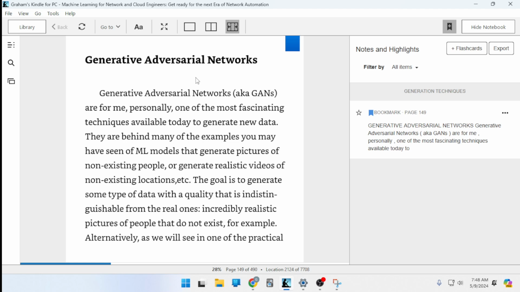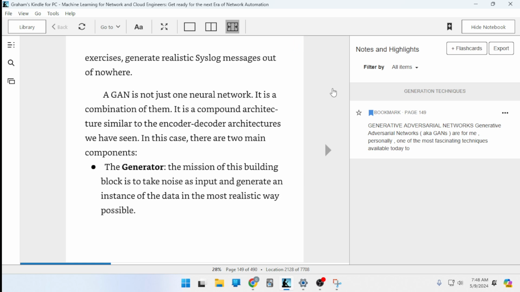Incredibly realistic pictures of people that do not exist, for example. Alternatively, as we will see in one of the practical exercises, generate realistic syslog messages out of nowhere.